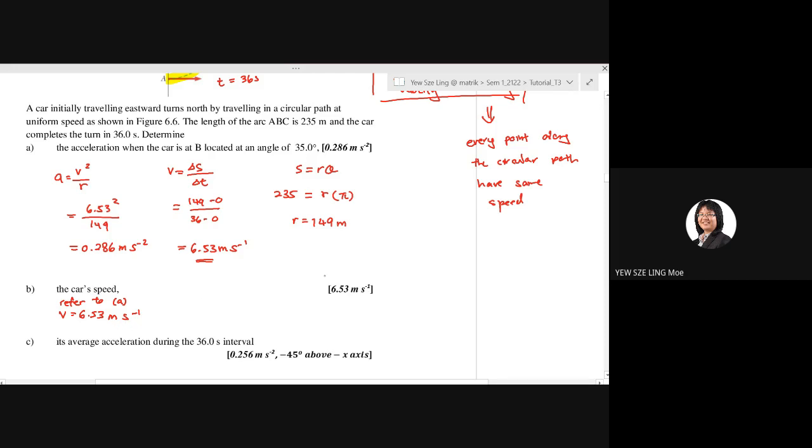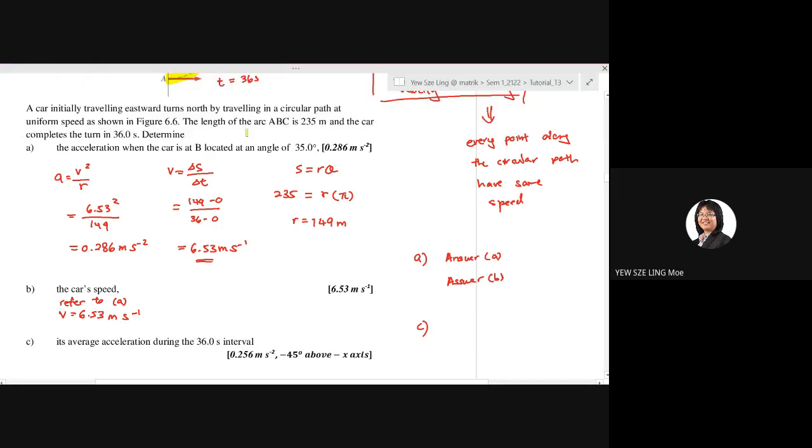6.53. You cannot just leave it, because in the exam, we will mark it according to your label. Sometimes, this is what happens in a real exam. Students do question A. In question A, they already obtained the answer for question B as well, and then they straight away skip to question C. In that case, we will assume you didn't answer question B, because we check it according to your own label.